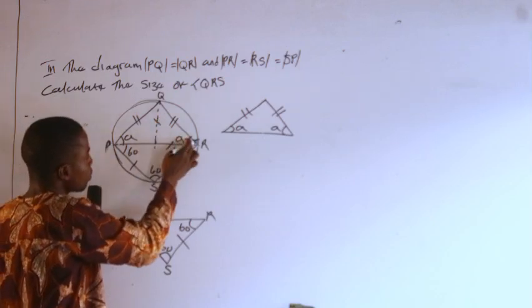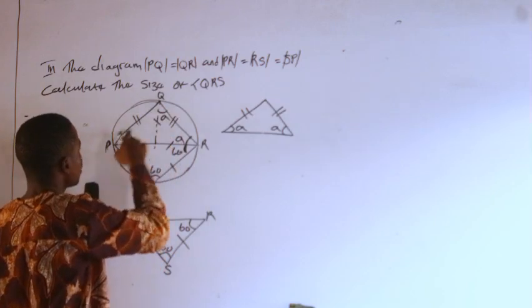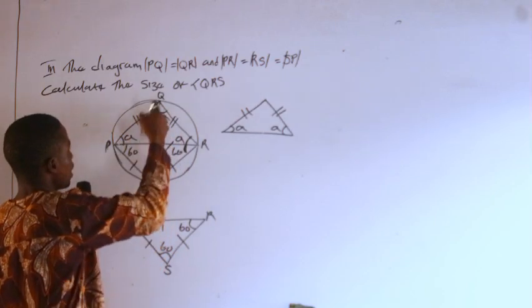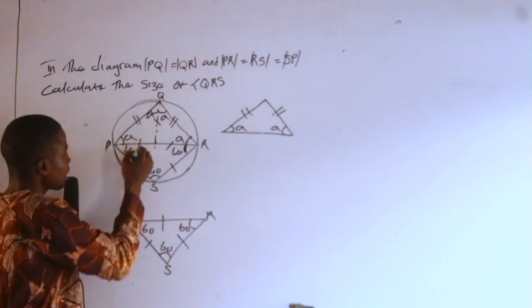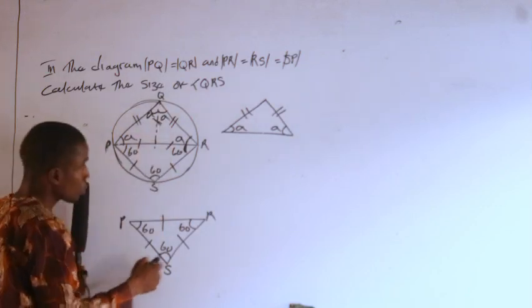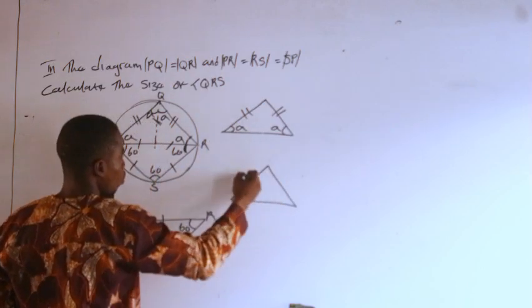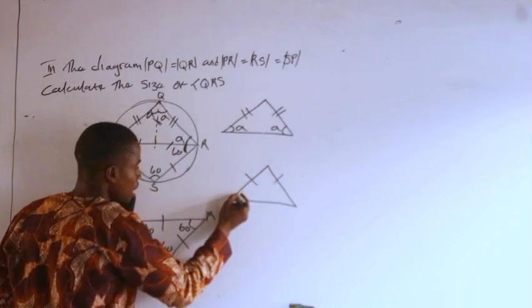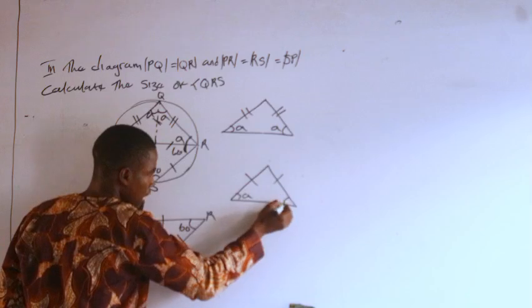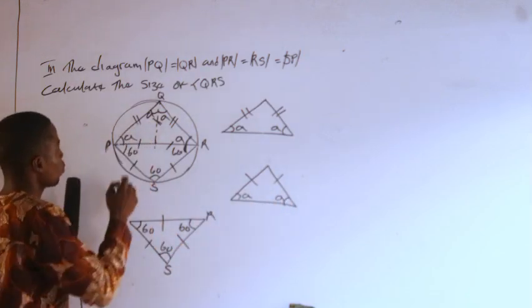It means that if this place is A, what will be here? A. If this place is A, what will be here? A. When we have angles like this and this, they are the same thing. If they give us A here, what will be here? A.